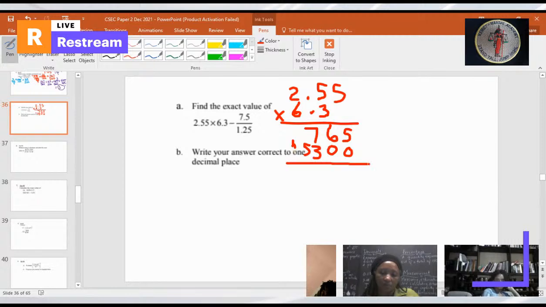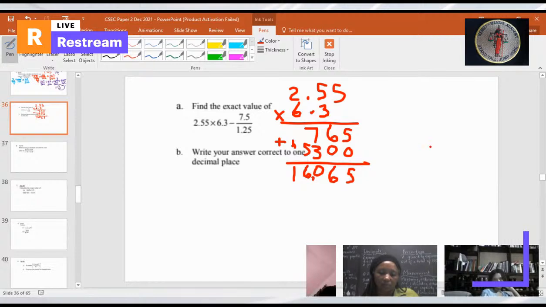So now we're going to add them. 5 plus 0 is 5, 6 plus 0 is 6, 7 plus 3 is 10, so we put down the 0 and carry the 1. 5 plus 1 is 6, and 1 plus nothing is 1. And we're going to go 3 decimal places to the left since there's 3 decimal places in the numbers.